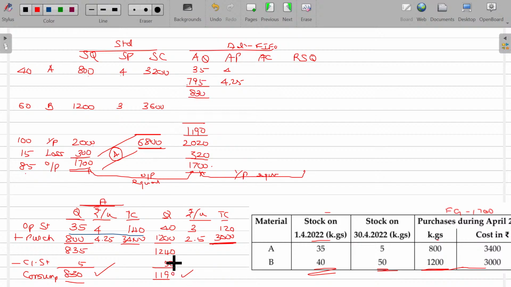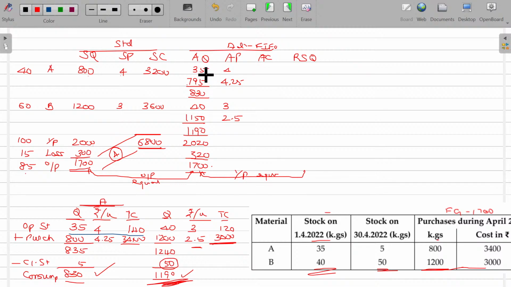Similarly, the next case, out of 1190, opening stock being 40 units, 1150 being newly purchased item. This 40 will be at rupees 3, 1150 units from the latest purchase price 2.5.